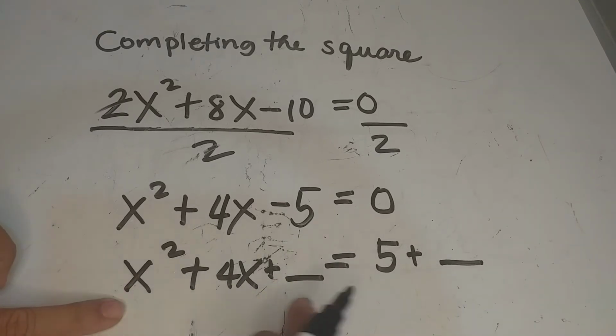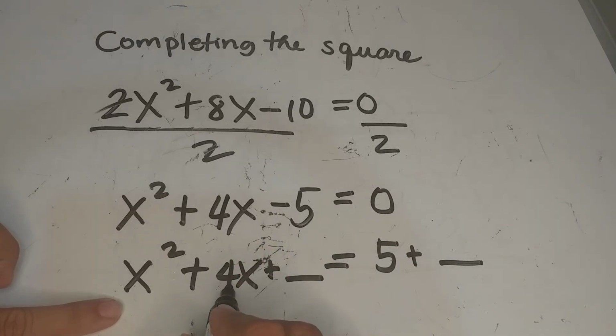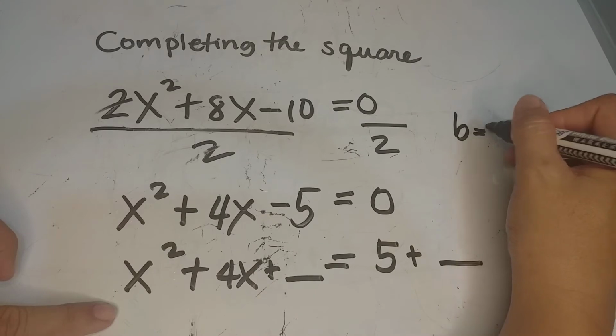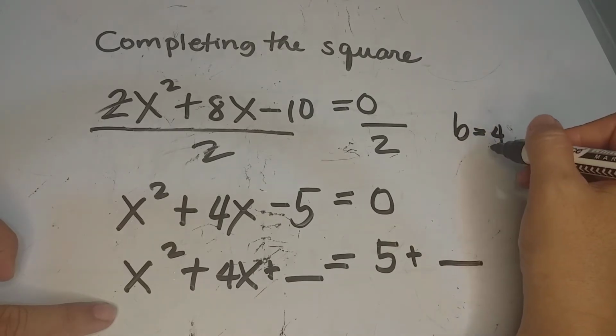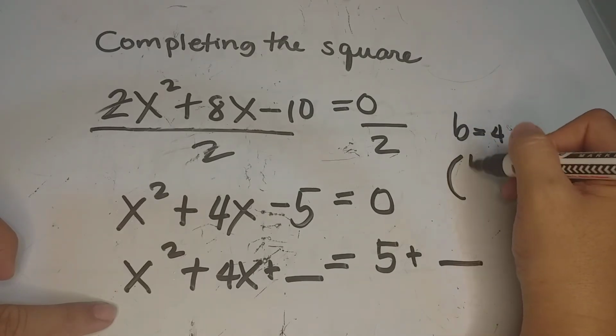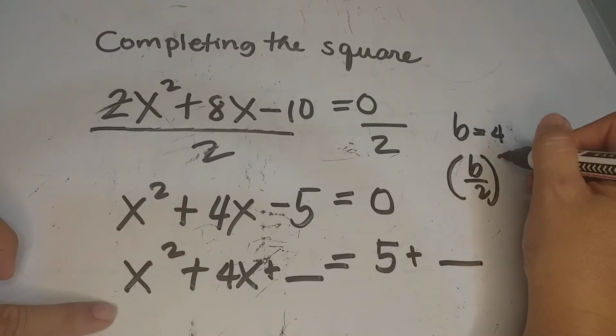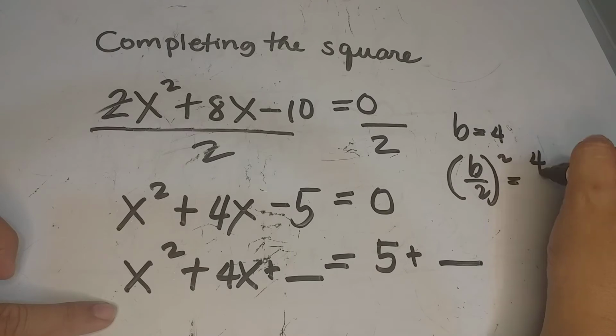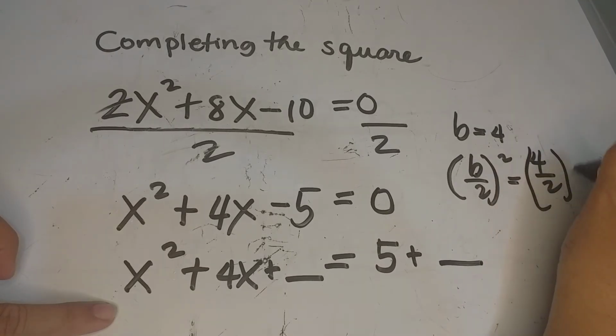To make it a perfect square trinomial, all you have to do is to find the value of b, which is 4, and then divide natin sa 2. Ganito yon. Our b is equal to 4, and this is the formula, b over 2 squared. So 4 over 2 squared.